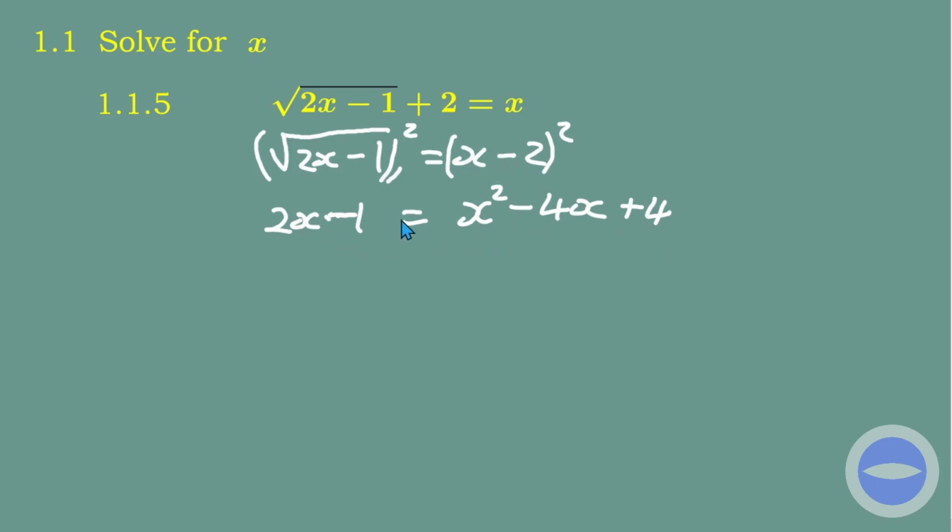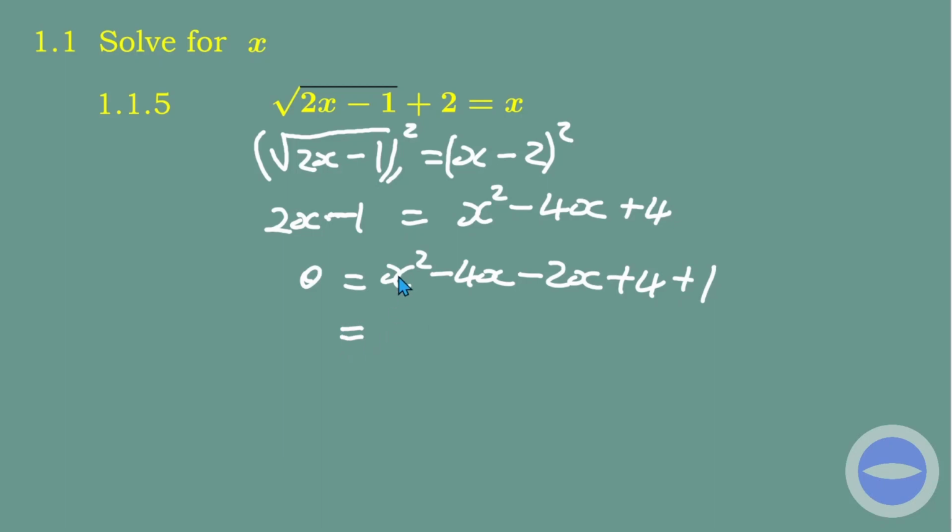Because this squared is positive, I will move these to the right hand side. So I will have 0 equals x squared minus 4x, and then this one will be negative 2x when it comes to this side, plus 4, and then 1. When 1 jumps, this side will be positive, so plus 1.